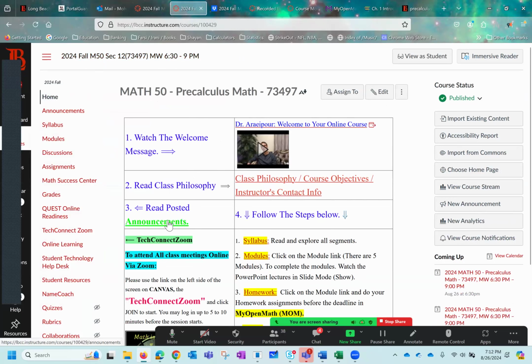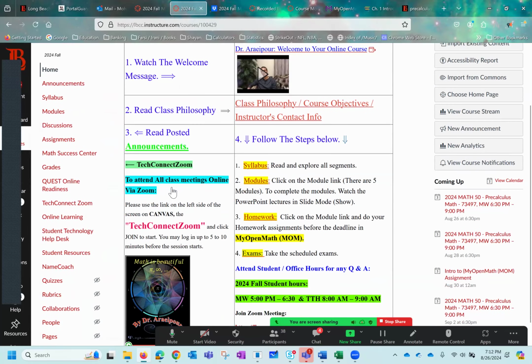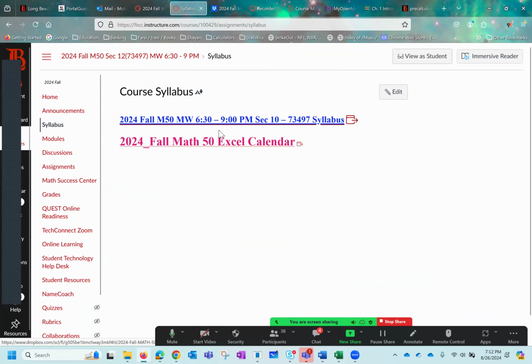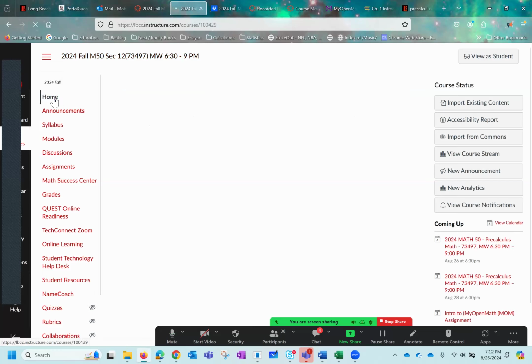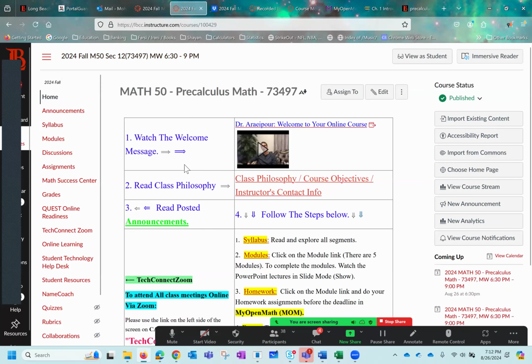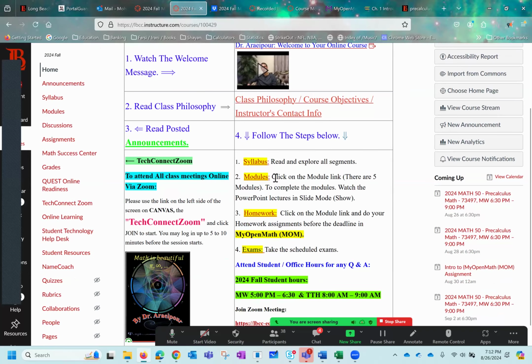Number 3, we looked at the announcements. Number 4, we looked at the syllabus. Under the syllabus, we have the actual syllabus and the Excel calendar. And then the modules, pretty much everything is under the modules.